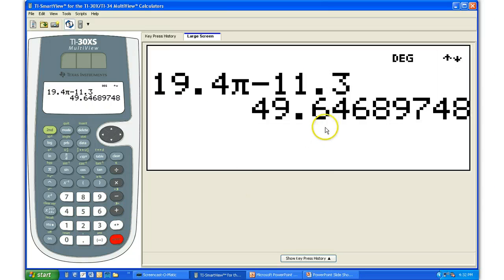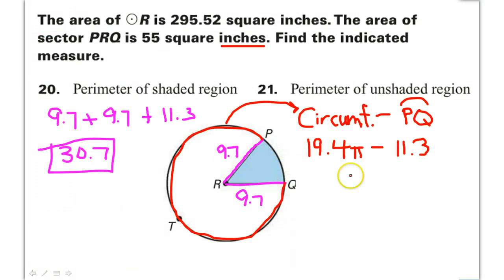So let's say 49.6. Okay, now that's just the red part. So the perimeter is going to be the red part plus the two pink parts. It's the entire border all the way around the Pac-Man. So we're going to add 49.6 to 9.7.